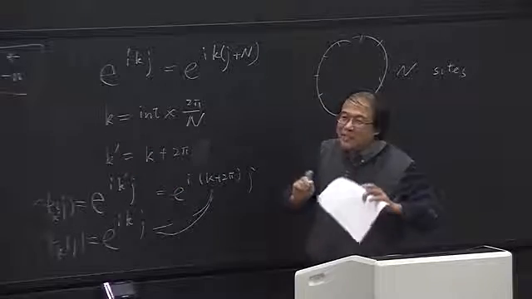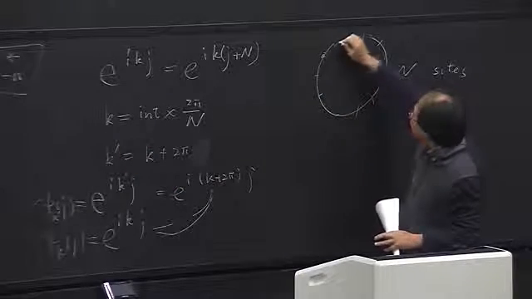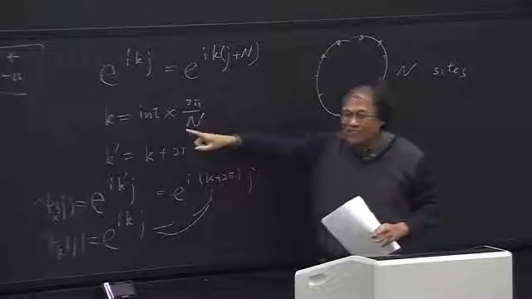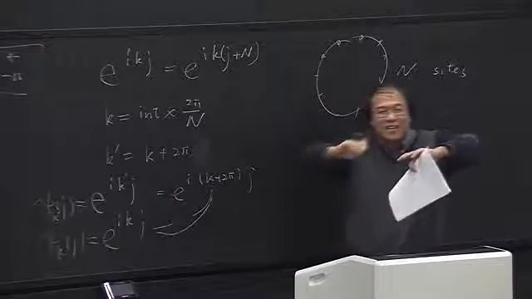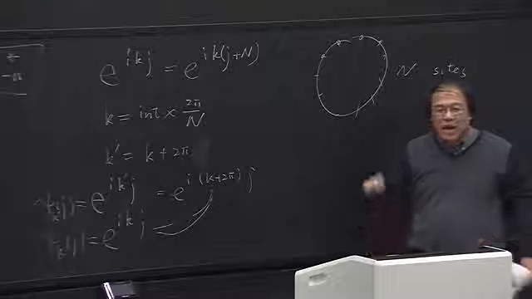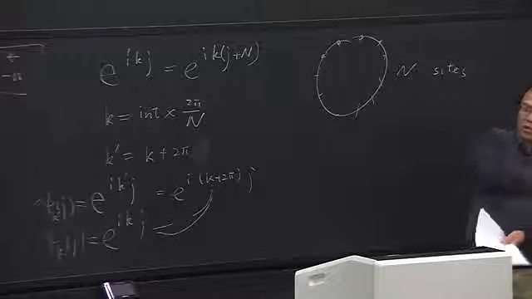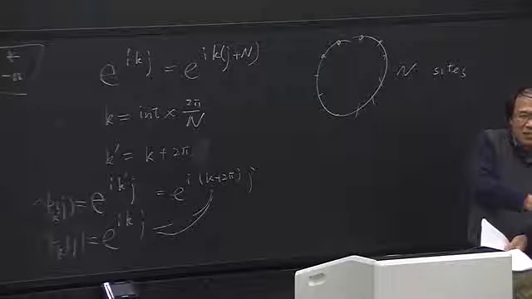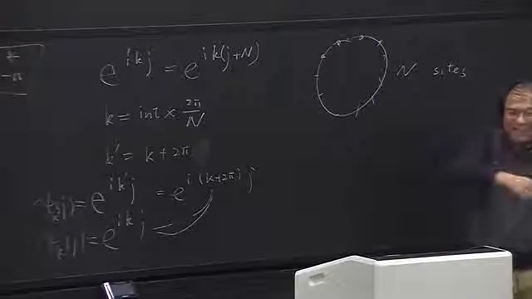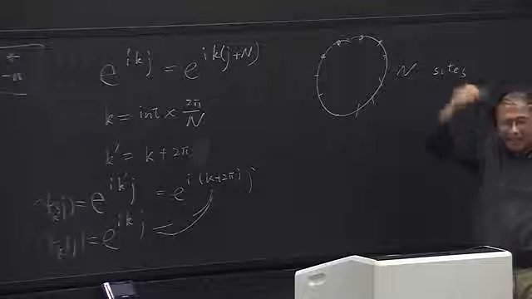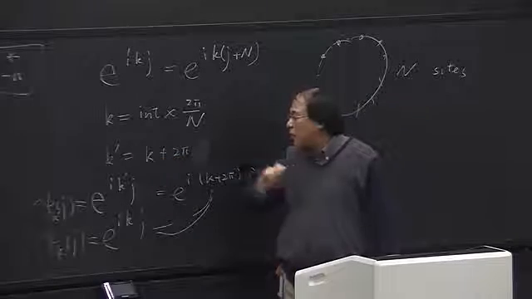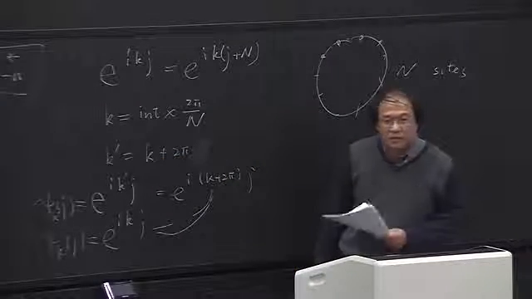The fact that the space is discrete, that the space only contains those discrete points, tells us that k is compact. k cannot be arbitrarily large. So there's a duality. If x is compact, that means k is quantized. If x is quantized, meaning x only has discrete points, it means k is compact. k cannot be arbitrarily large. And so two k that differ by 2 pi are the same point.